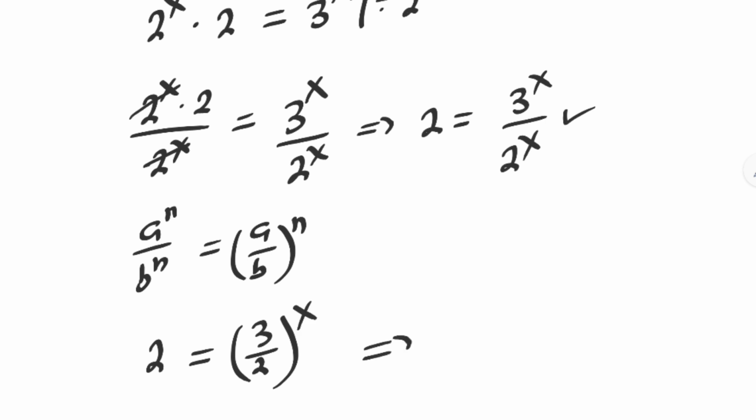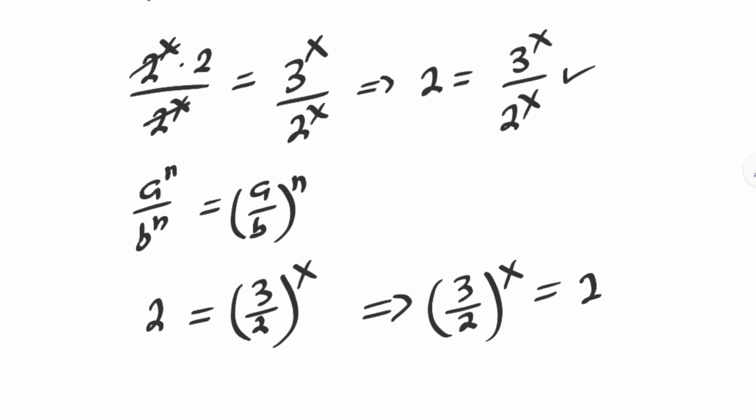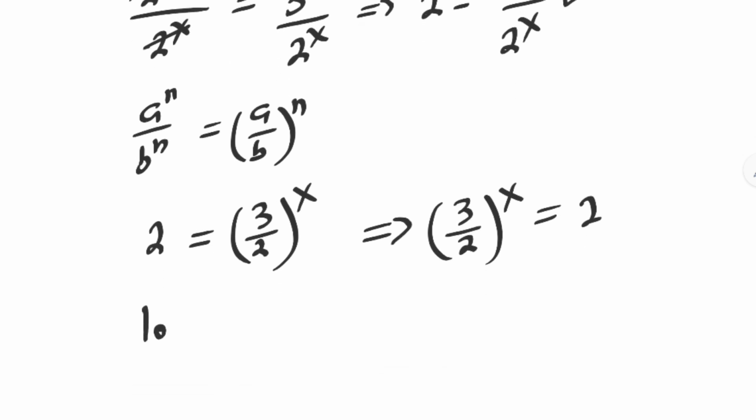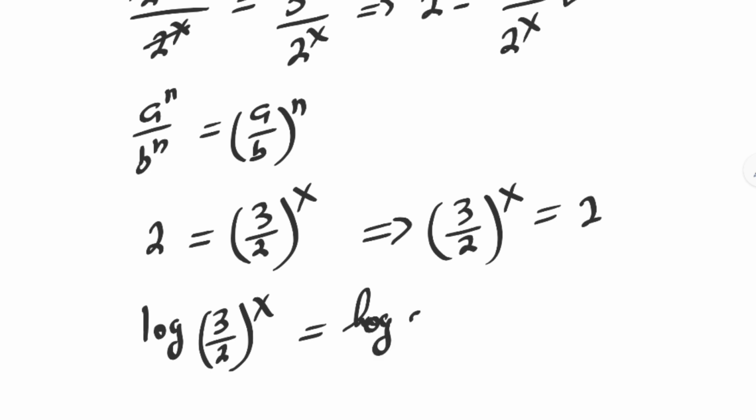Now we want to rearrange this. We have 3 over 2 all raised to power x is equal to 2. Let us take the log on both sides of this equation. Log of 3 over 2 raised to power x is equal to log 2.